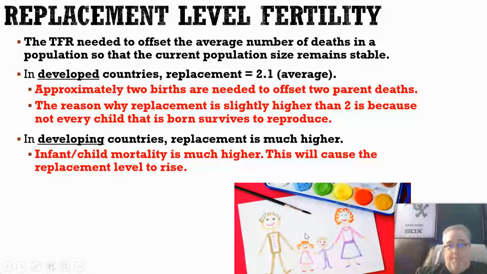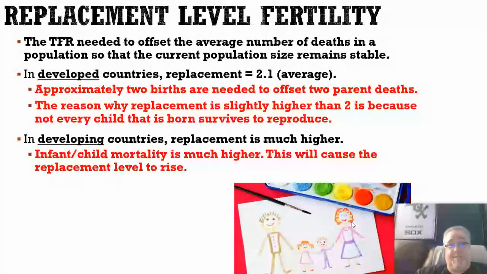These two kids that are born, that you would think would be the ones to replace the adults, their chances of survival in, let's say, Nigeria or another African country, those numbers aren't as high. So those families are going to have more children to offset the likelihood that those children may not survive to make it to adulthood.